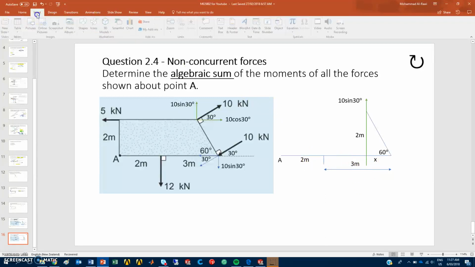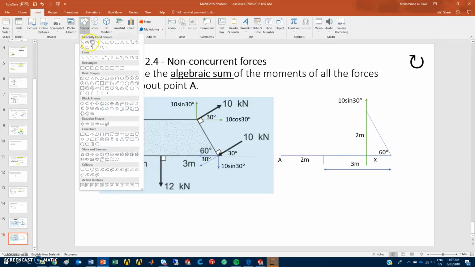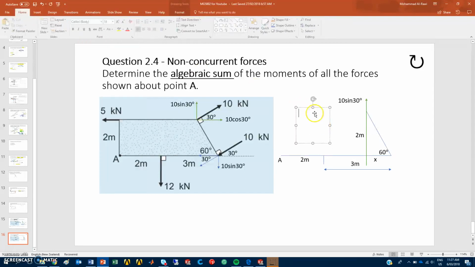So how can I find X? Very easy. To find X, we just write an equation for that. Please pay attention. What do we have?